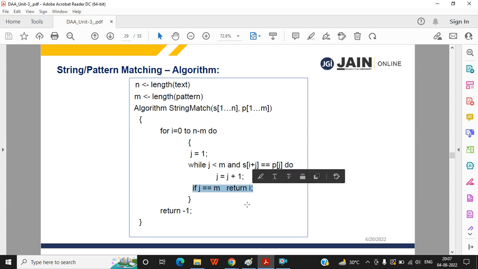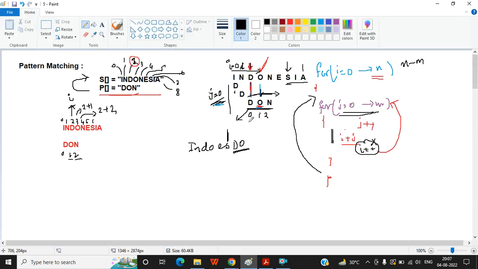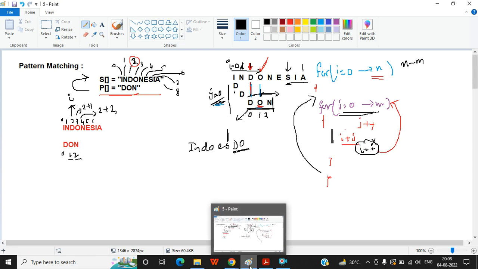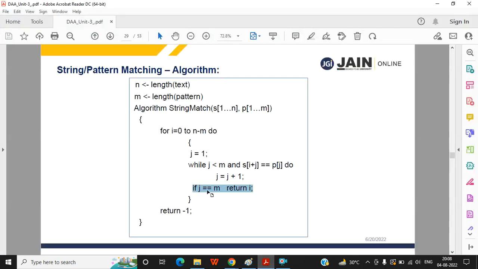It means we proceed this logic up to the last part, so we get the full substring inside our source string. If this loop completely iterates up to m, that means every match took place. Search is found. The pattern is found inside that source string.